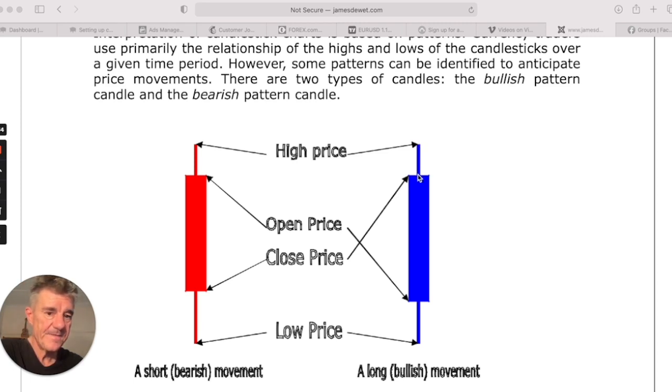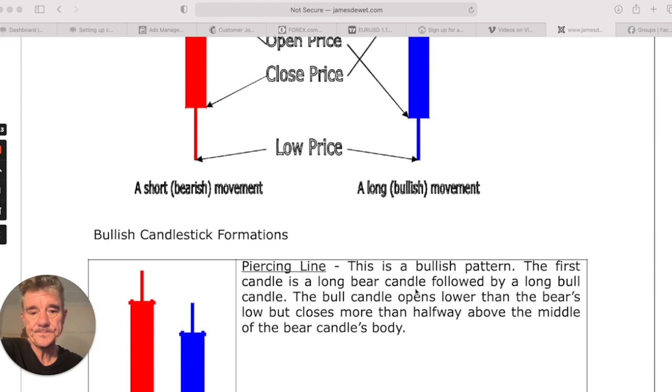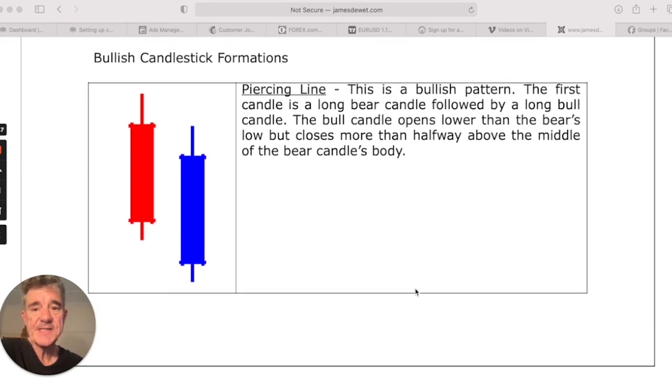And then it fell back down slightly to close at this price over here. So that's called a bullish candle or a rising candle, one in which the price closed higher than where it started, the opening price.